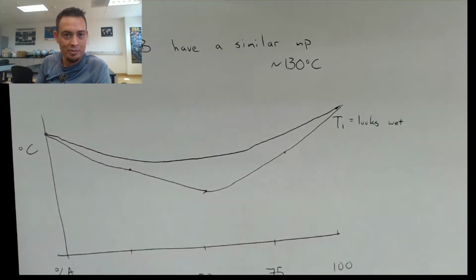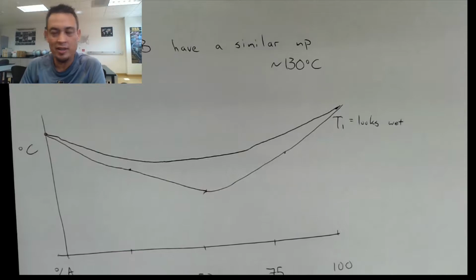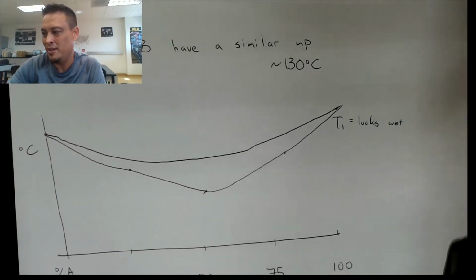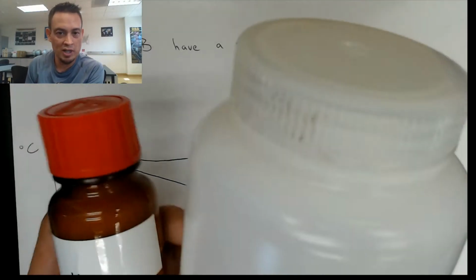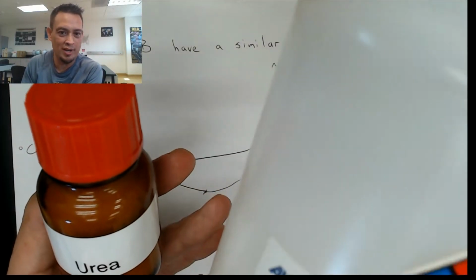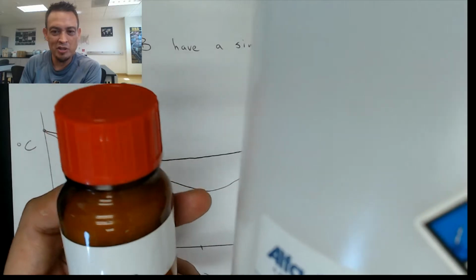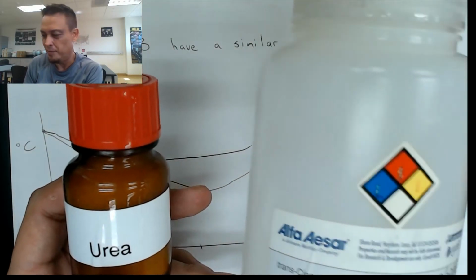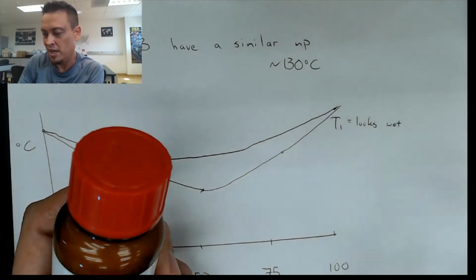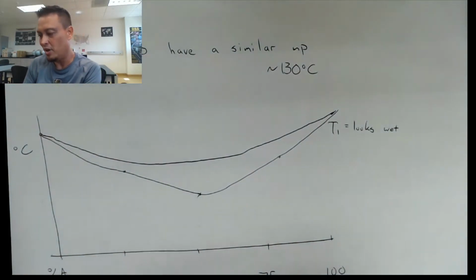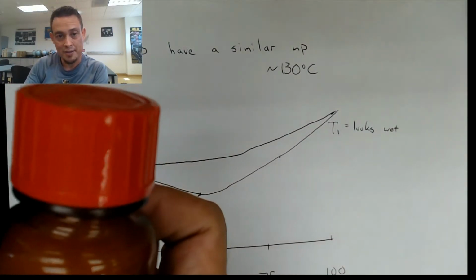So for example, suppose you had a solid and it was a white crystalline powder and you thought it might have been urea, or it's one of these 2. You're not sure which one it is. We could use melting point to help figure out which one it is. So what you would do is take a little bit of your unknown solid and mix it with urea.